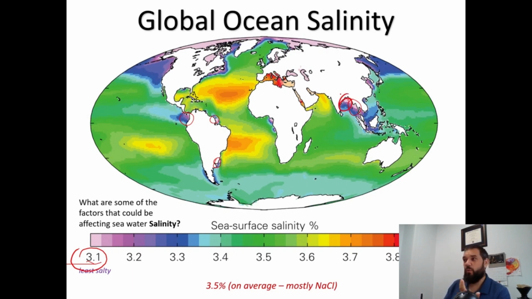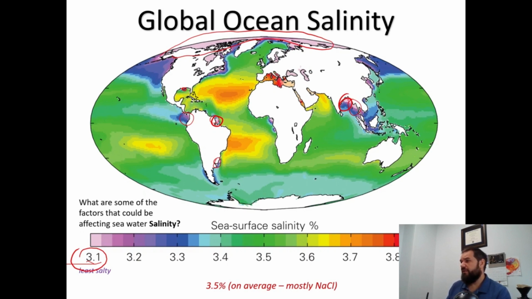The reason that the water's relatively fresh is that the Ganges River is bringing in just a ton of water. Right here is the outlet of the Amazon, and you can see a little bit of purple around the Mississippi River. So that's some of those effects that you're seeing. You also notice that in the polar regions, especially the North Pole, you see a lot of relatively fresh water. We'll talk about why later.